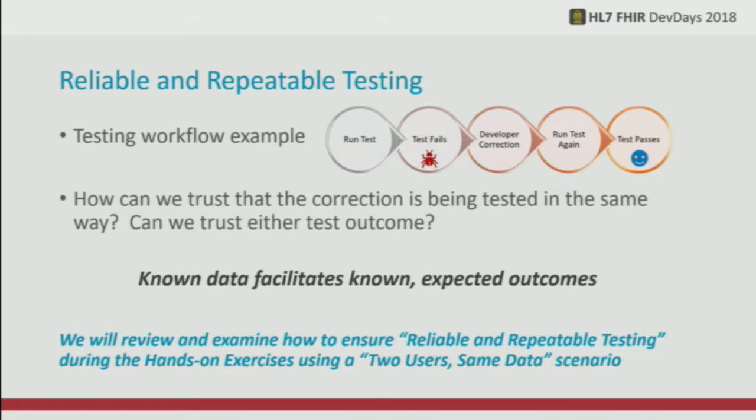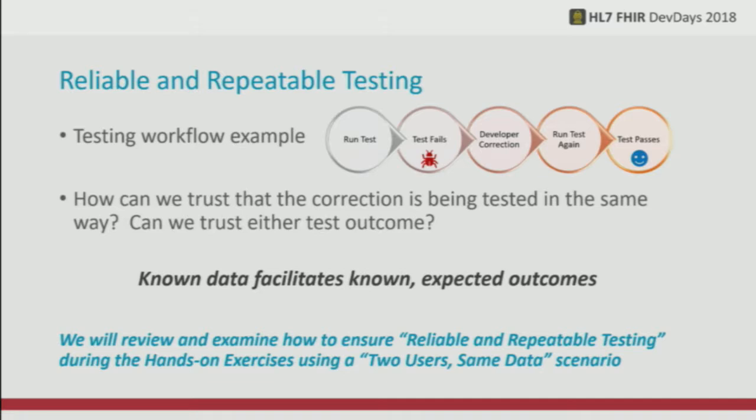The question we have to ask ourselves is whether we can trust that the correction is being tested in the same way, because we don't want to introduce any anomalies in our testing and in the outcomes. One of the ways we ensure that is by known data. Known data means that we have known expected outcomes.